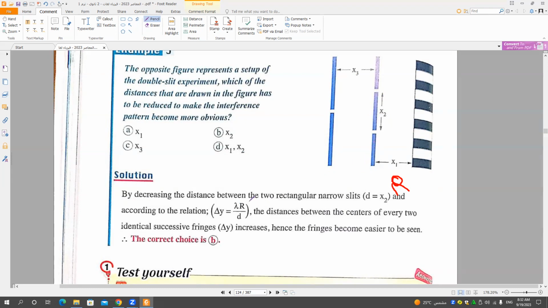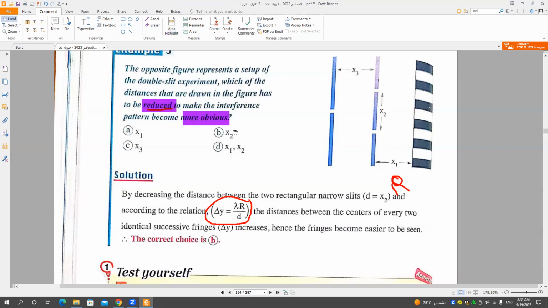Why? Because we have the relation delta y equals lambda r over d. R means x1. But he asked about the quantity that must be reduced, to make the pattern or the interference more obvious.